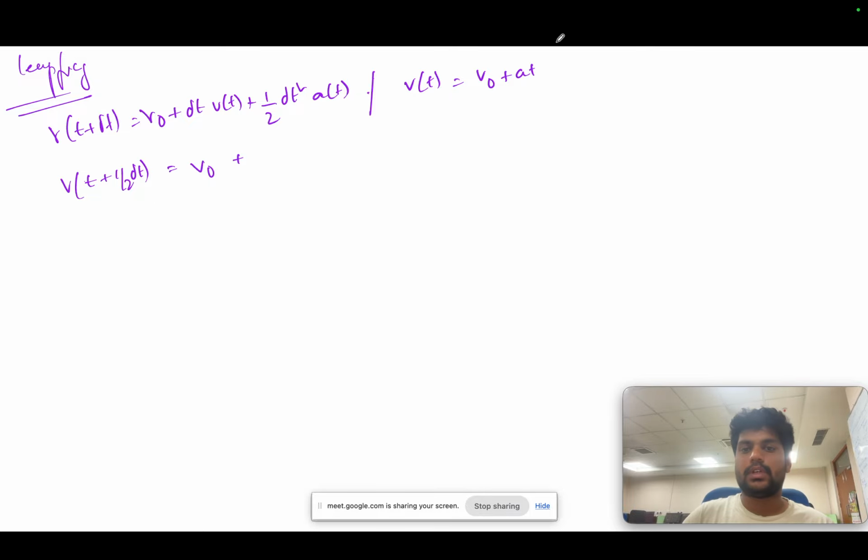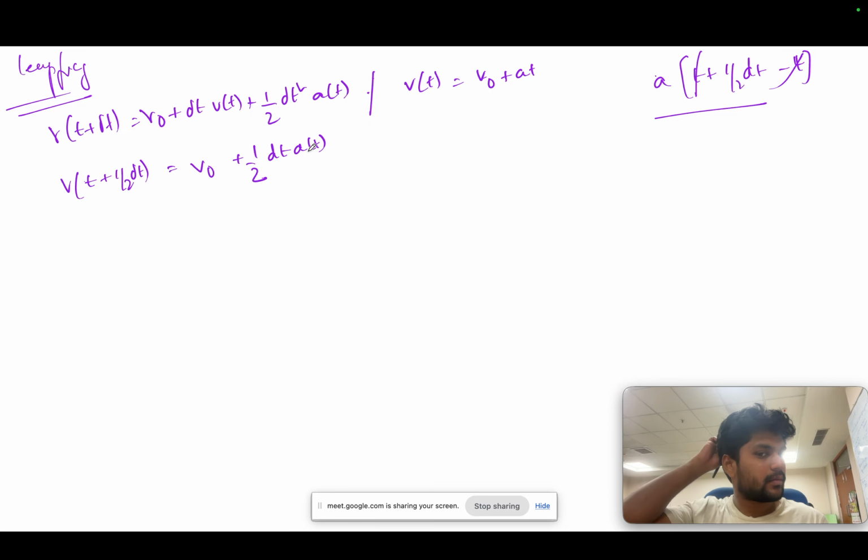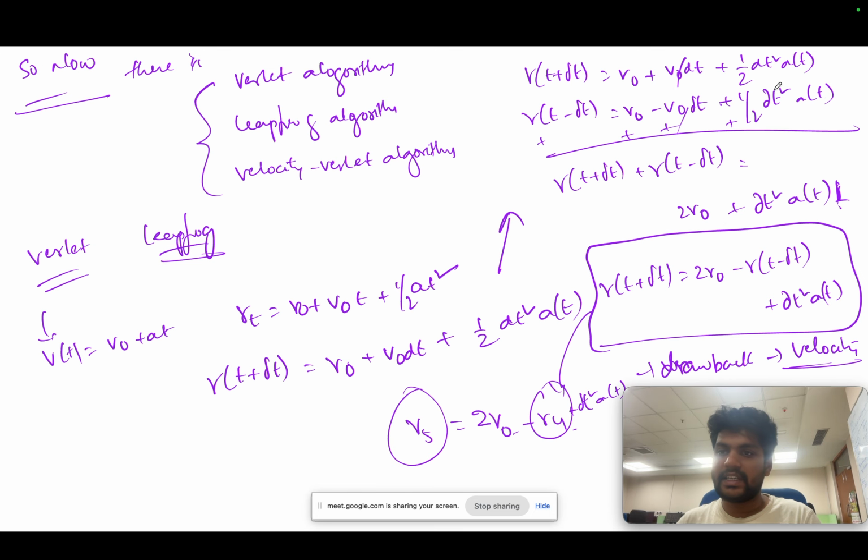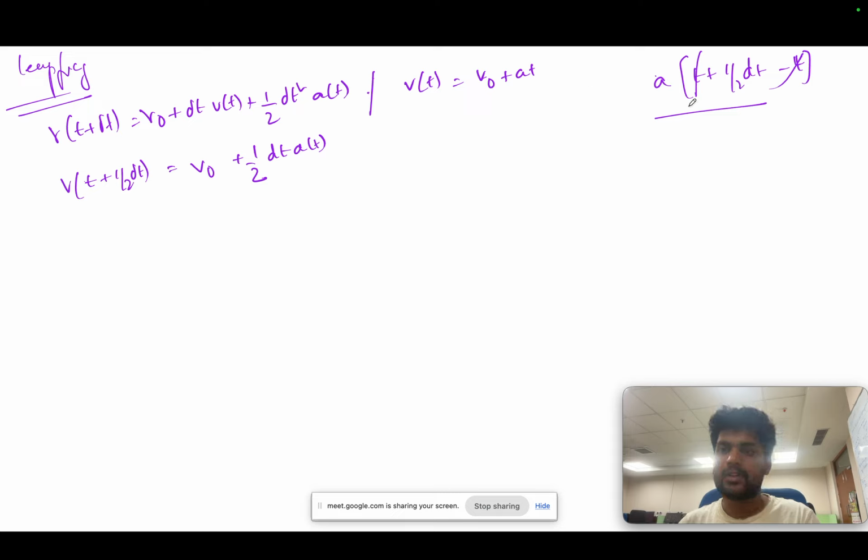You understand, right? It will be like a will be common, so it will be t plus half dt minus t, so we will get half dt. You understand how we got the half dt, or otherwise how we got dt squared and all the things. So in this way we are taking the final step minus the initial step. If you do this calculation, t plus half dt minus t, you will get t cancelled and you will get half dt.